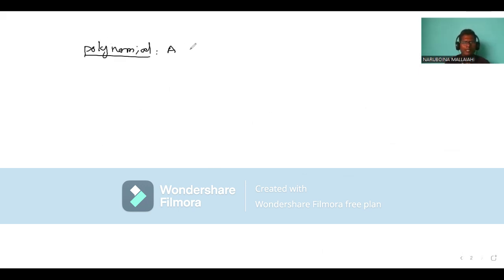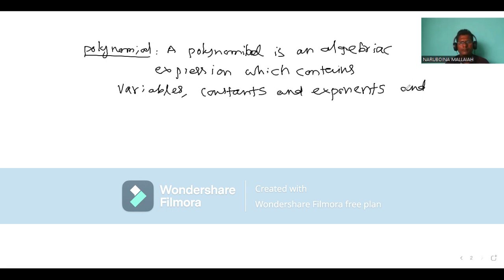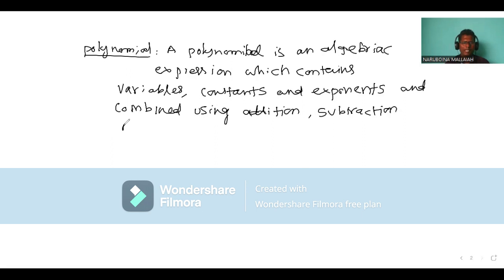Polynomial. A polynomial is an algebraic expression which contains variables, constants, and exponents, and composed of terms that are combined using addition, subtraction, multiplication, and division.